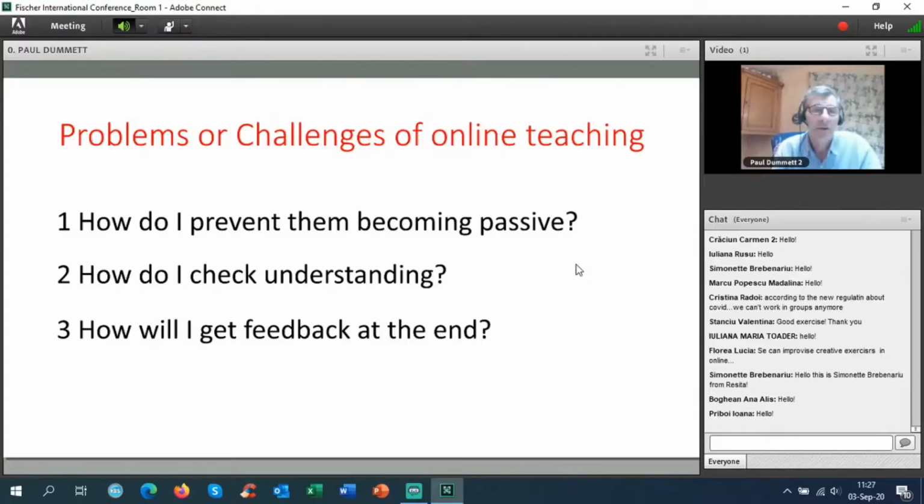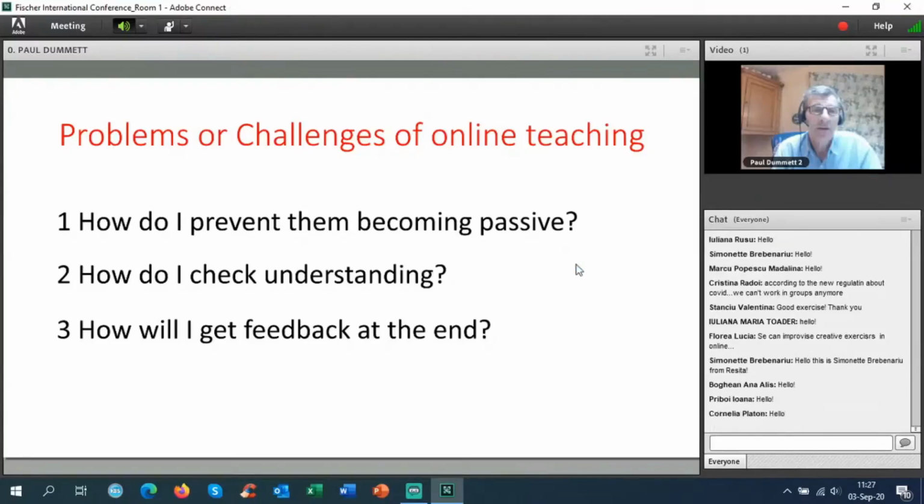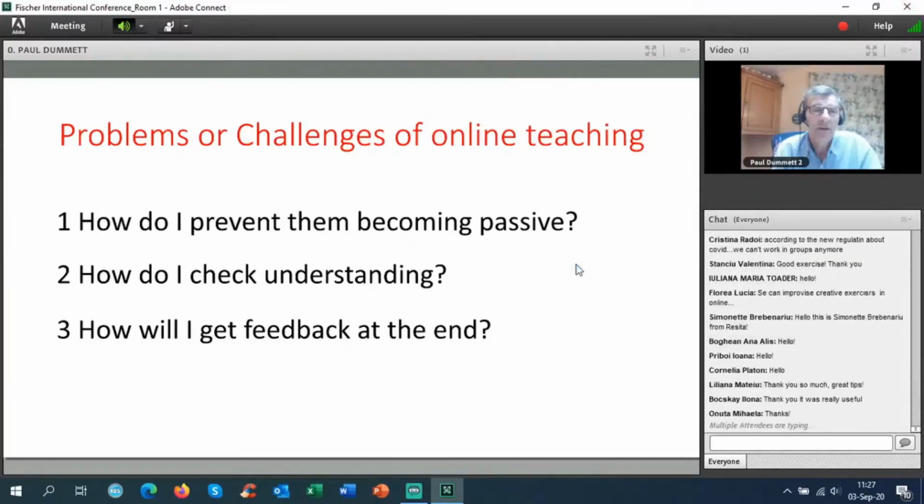So just one last thing I would say is the benefits, and I'm sure some of you do this, of recording your sessions and then looking back afterwards. It can be a horrible experience. I don't like doing it myself. But when you do that, just think about these things. How could I have prevented them from being passive?